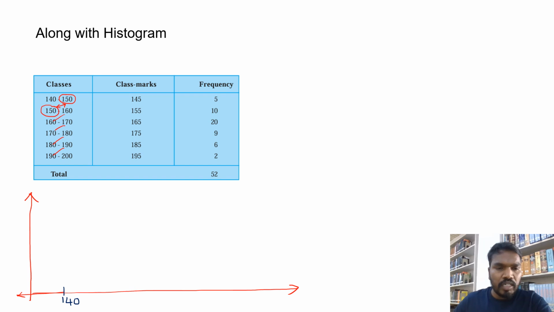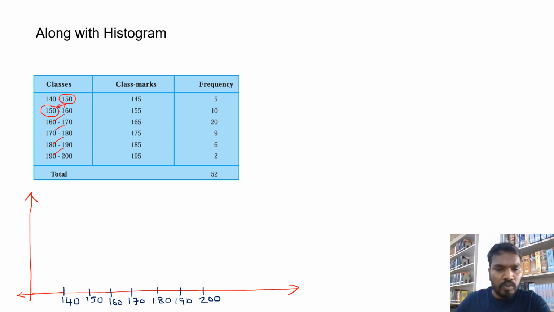And then we continue: 150, 160, 170, 180, 190, 200. Okay, clear? And then we take the corresponding frequency along the y-axis. Here I will take the scale of 2.